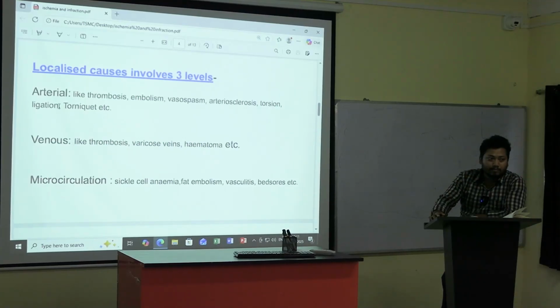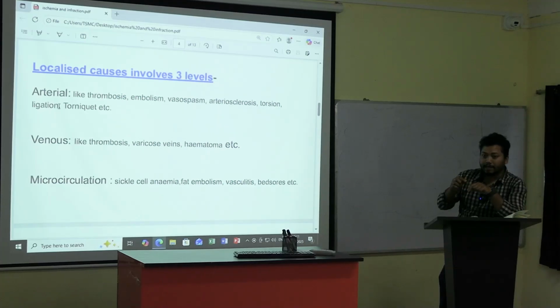Ligation means, in a surgery, when the surgeon has to cut a blood vessel, then he has to ligate it, which means tying it up. If the blood vessel gets tied up, then blood will stop moving and will start accumulating in the area, not able to pass throughout the system.